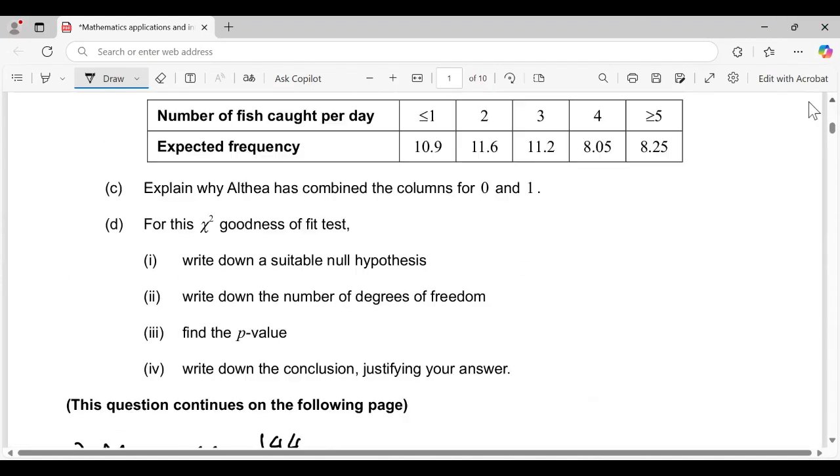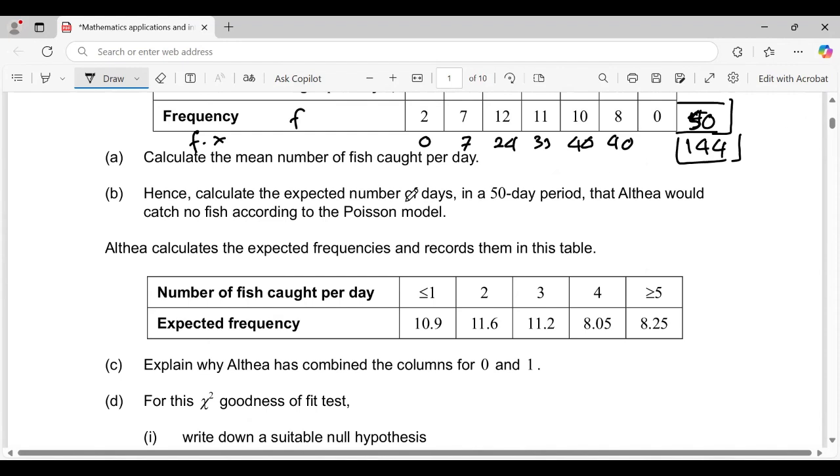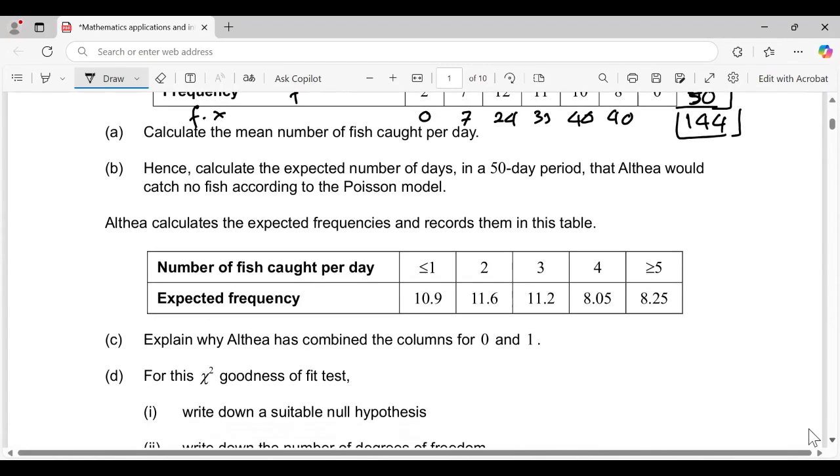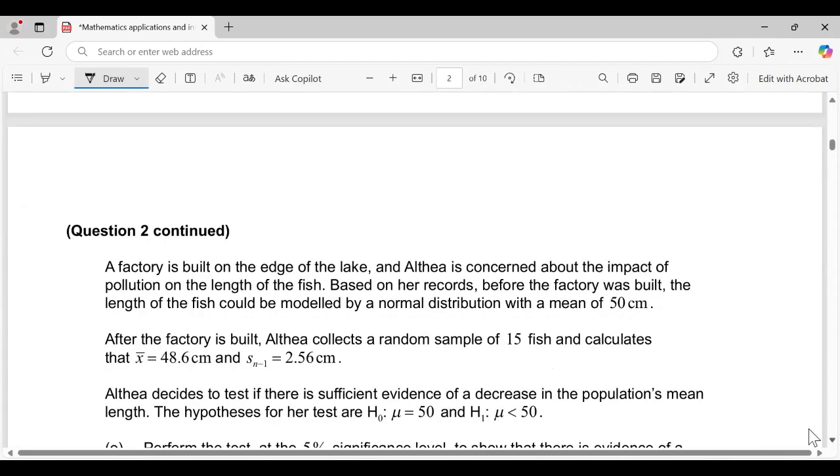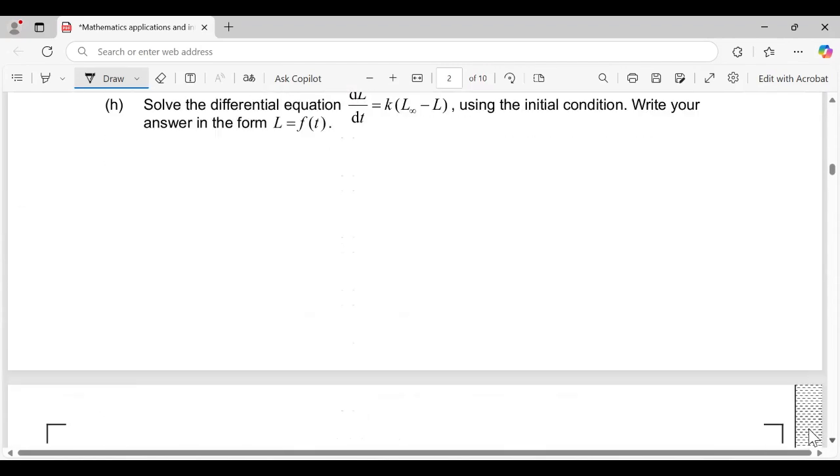The next question, B. Hence, calculate the expected number of days in a 50-day period that Althea will catch no fish according to the Poisson model. Okay, B. Now, we want to find the expected number of days with 0 fish.